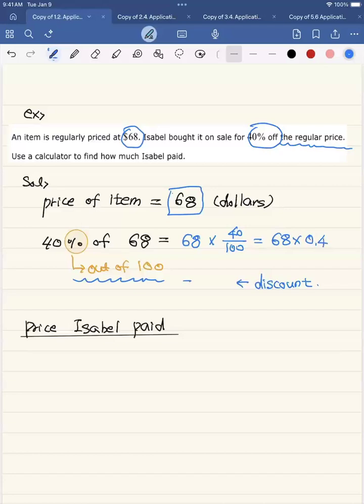If you use your calculator, then that'll be 27.2. The price Isabel paid is the original price, $68, minus the discounted amount, which is 27.2, which is 40.8. So the total price she paid is $40.80.